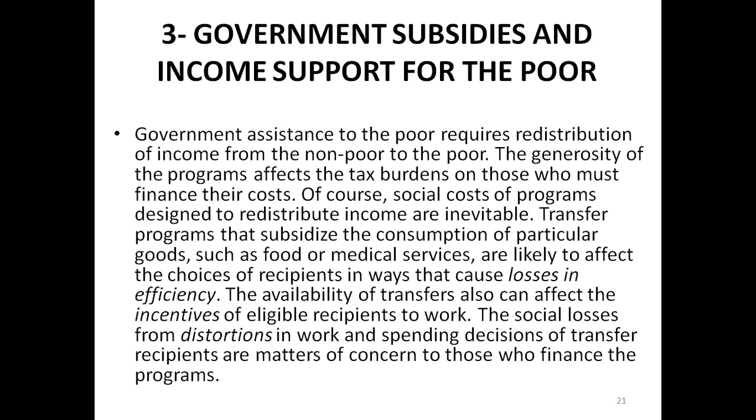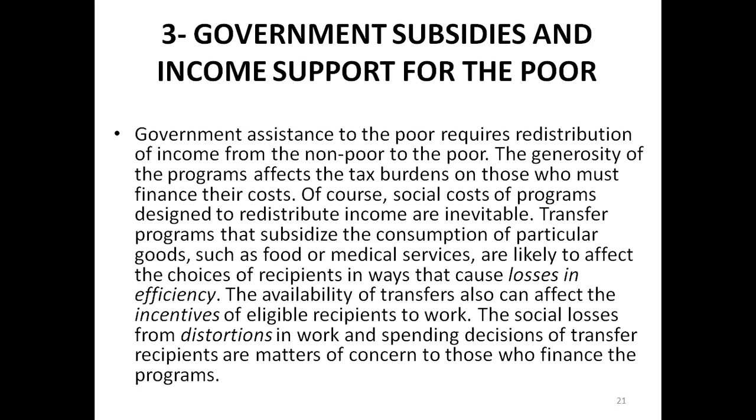Transfer programs that subsidize the consumption of particular goods, such as food or medical services, are likely to affect the choices of recipients in a way that causes losses in efficiency. The availability of the transfer also can affect the incentives of eligible recipients to work.